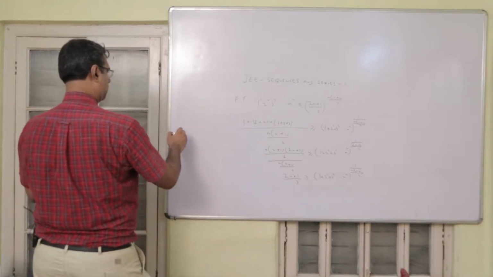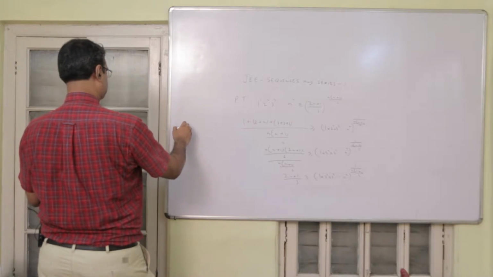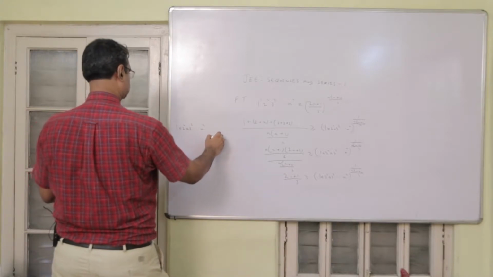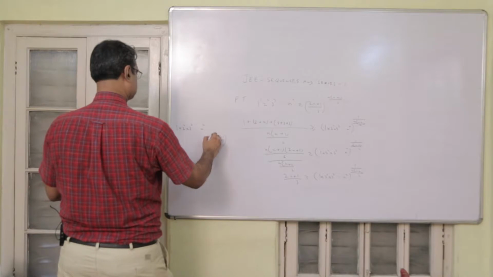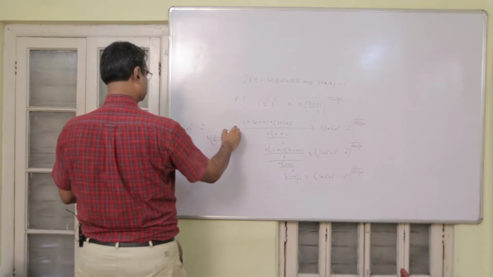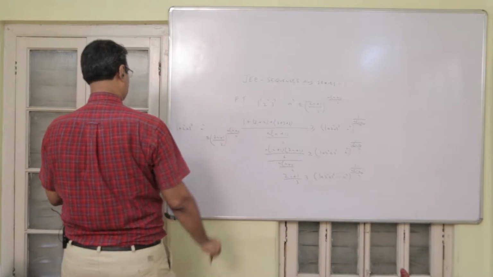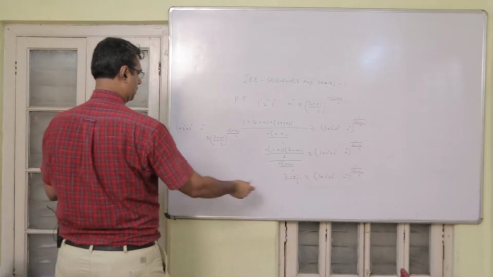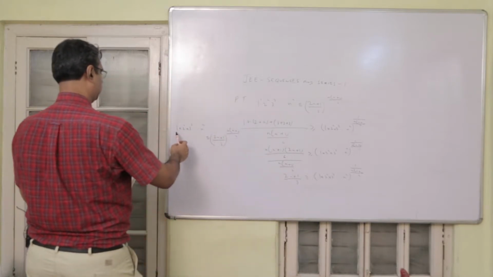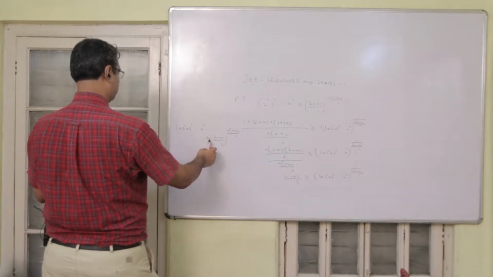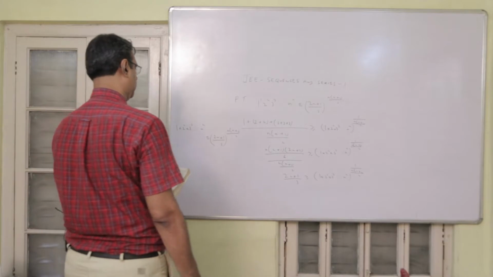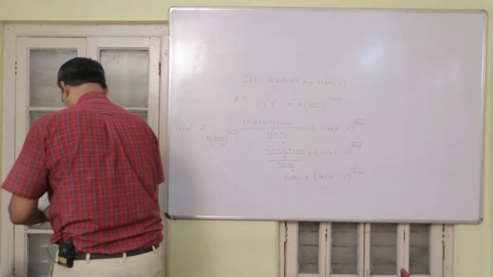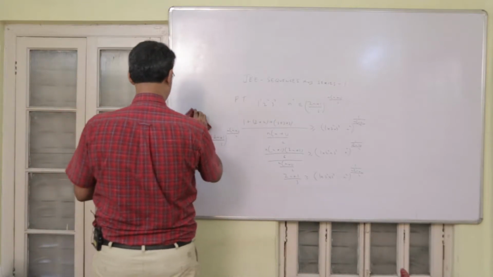Now after simplification, it will give the final answer which we are supposed to prove. So the next step after this will be 1 into 2 square into 3 cube up to n to the power n is less than or equal to (2n plus 1 by 3) to the power n into (n plus 1) by 2. So this is an example of how to do a question using AM-GM inequality.